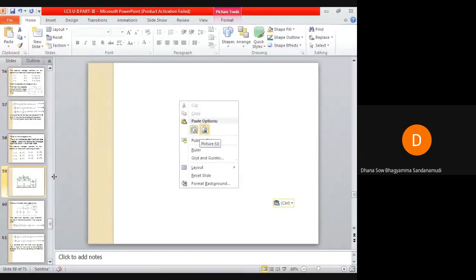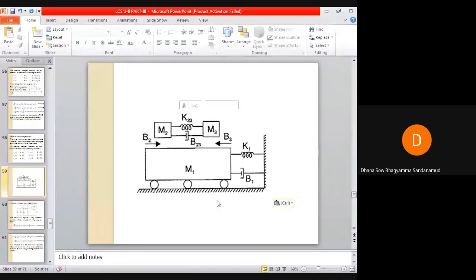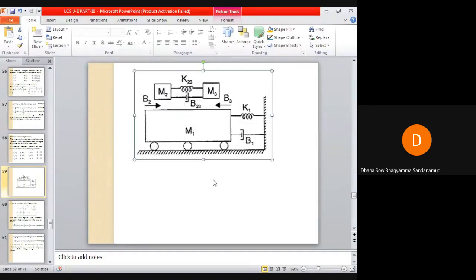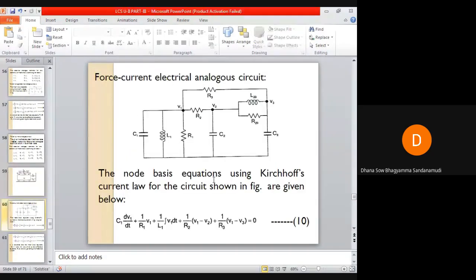It is visible here, but it is not visible here. Why? I don't know. Something is wrong. Now electrical, this.